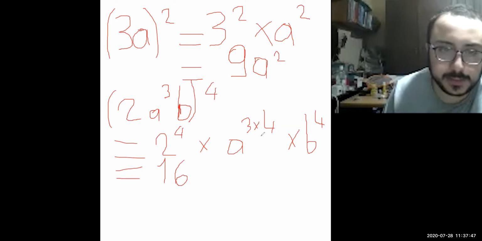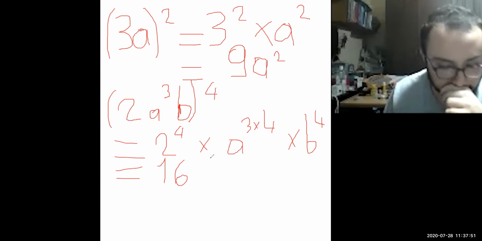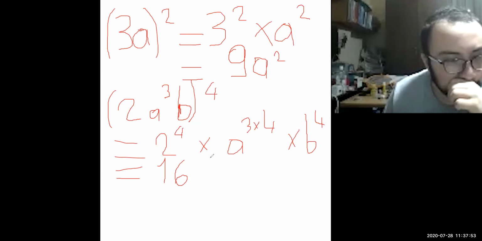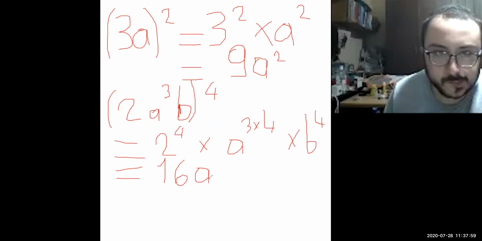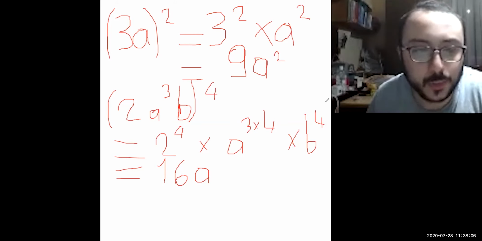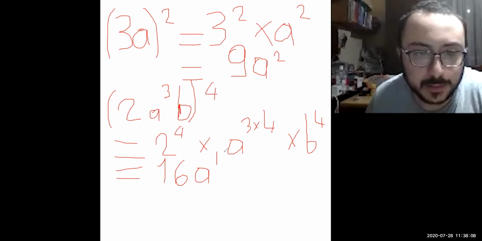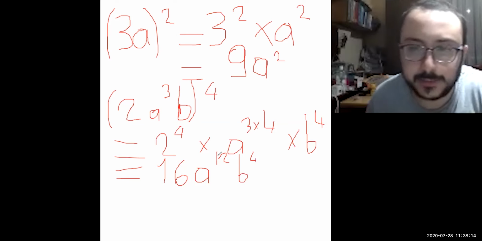A power 3 times 4 is a power 12. So it's 16a12 b4. This is the final answer.